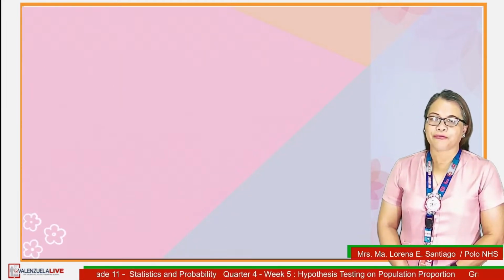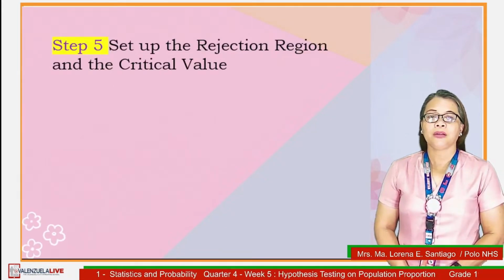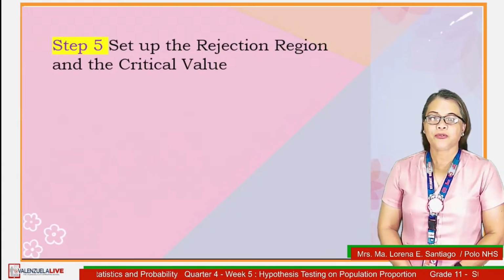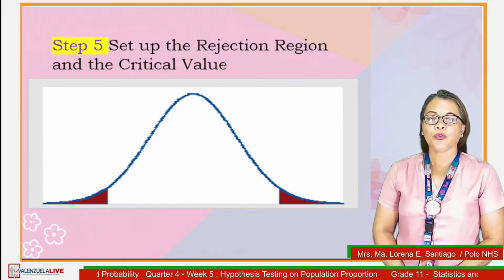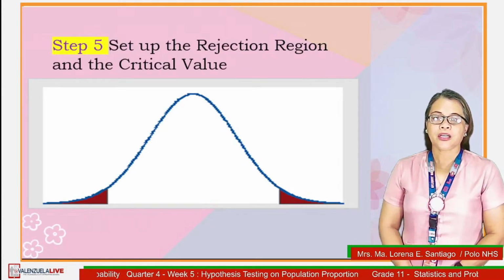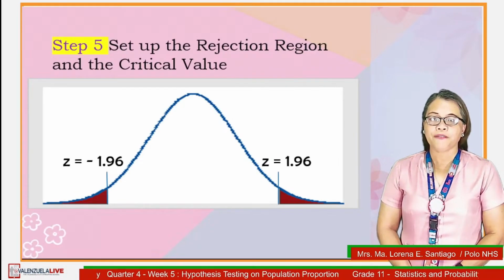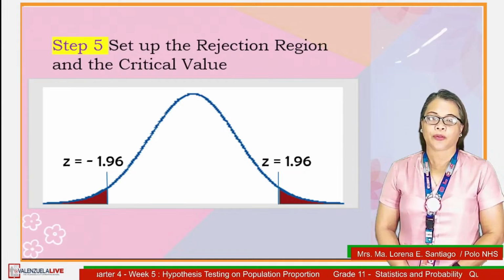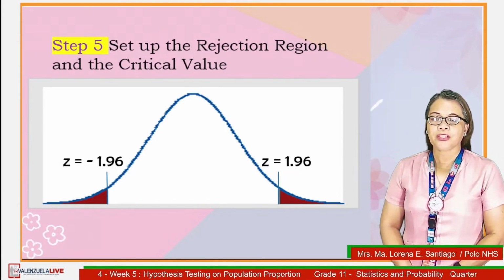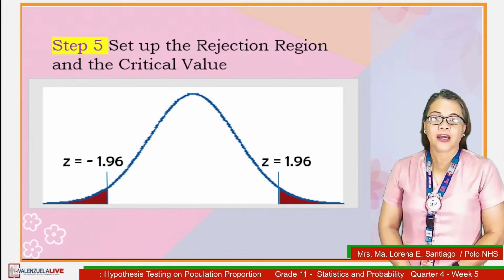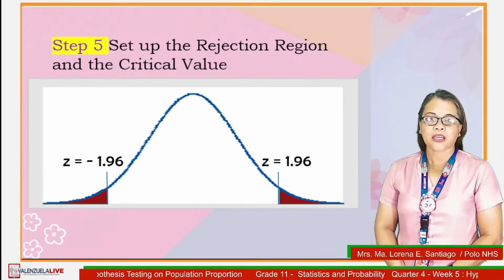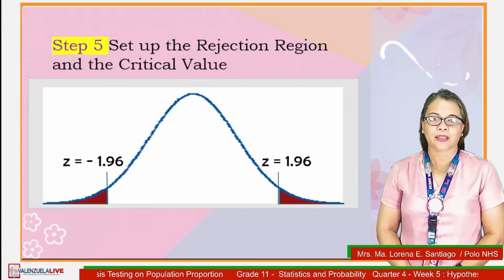After that, we now have to set up the rejection region and the critical value. Since we are going to use the two-tailed test, the critical values would be on the left and right of the distribution. The left critical value would be z equal to negative 1.96, and the right critical value would be z equal to positive 1.96.